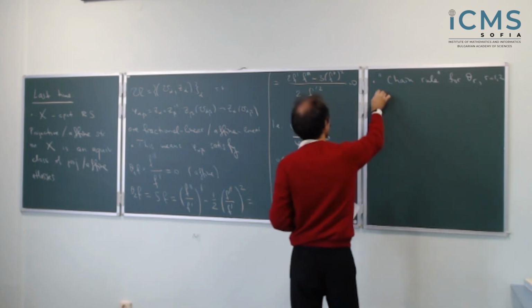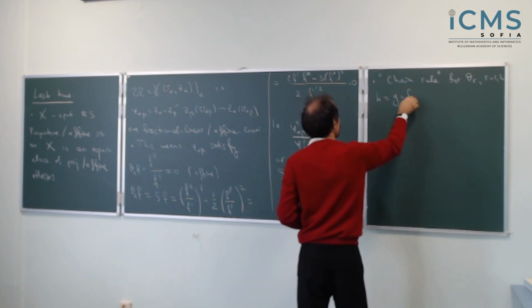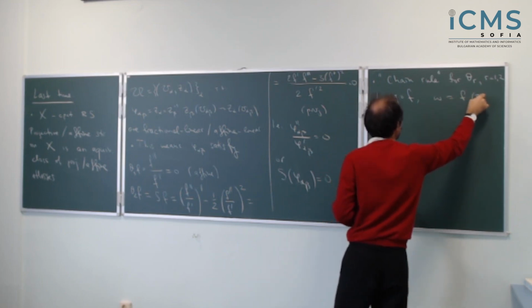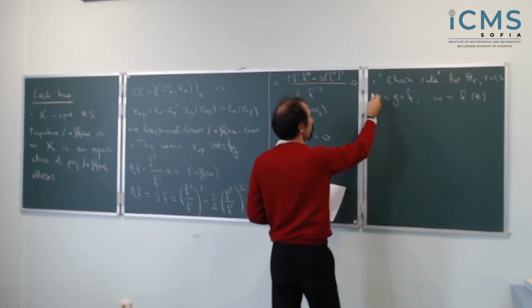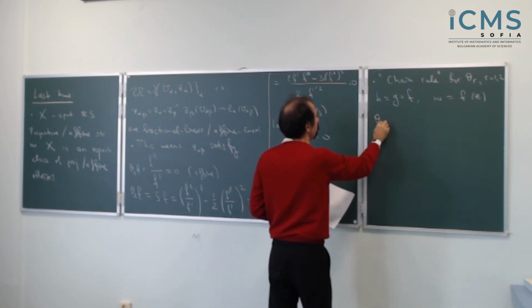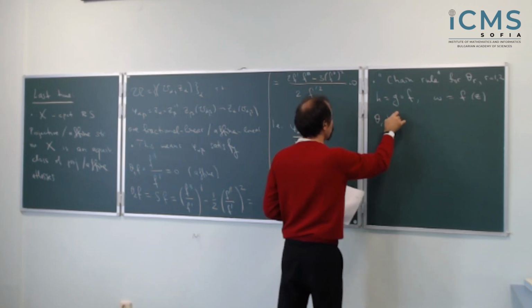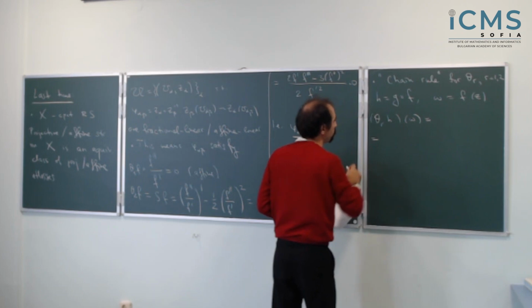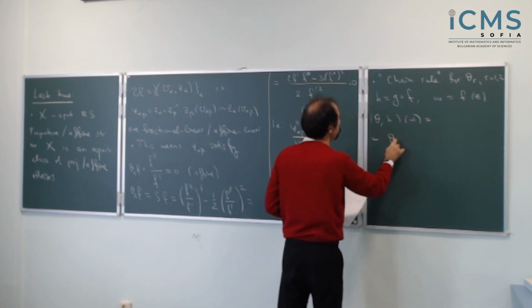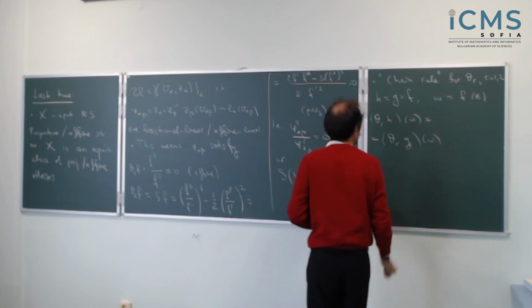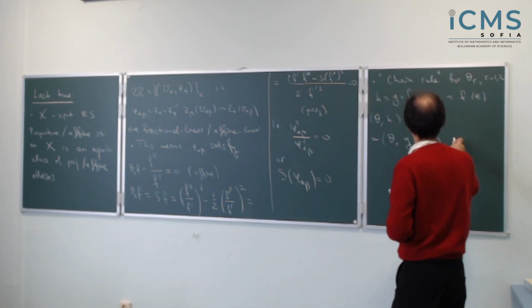And if we set h to be the composition of two functions, so let's say w is f of z, then what you get for theta r for h is that this breaks into a sum of two pieces. One is theta r of g at w times the derivative f prime to the r.